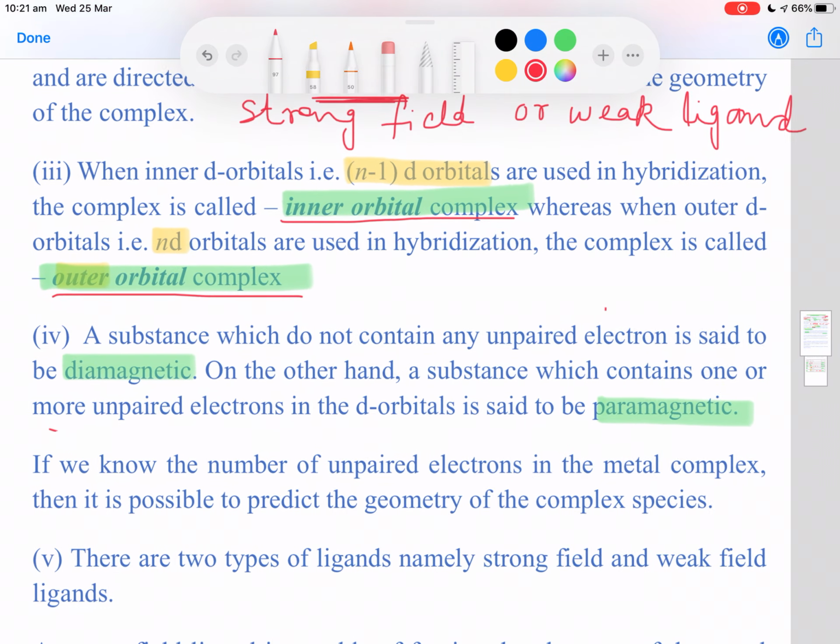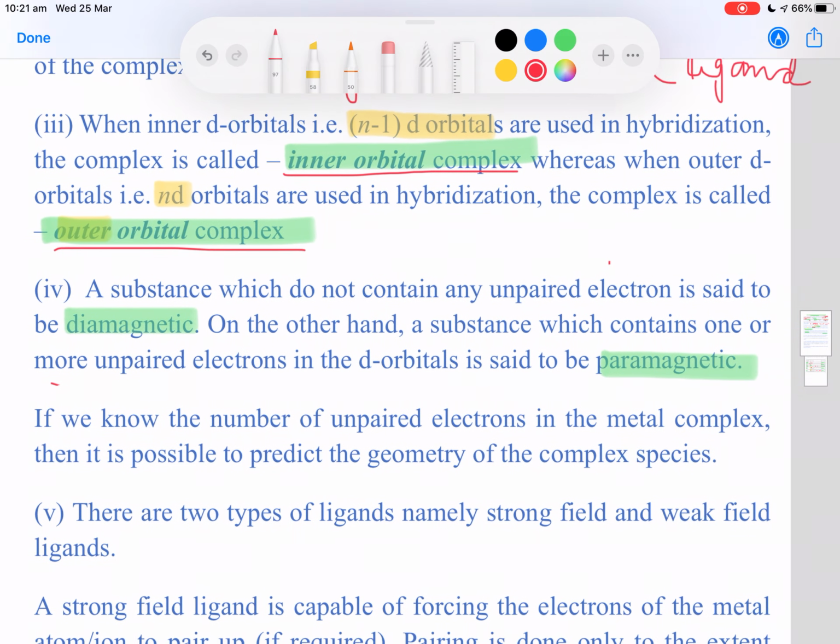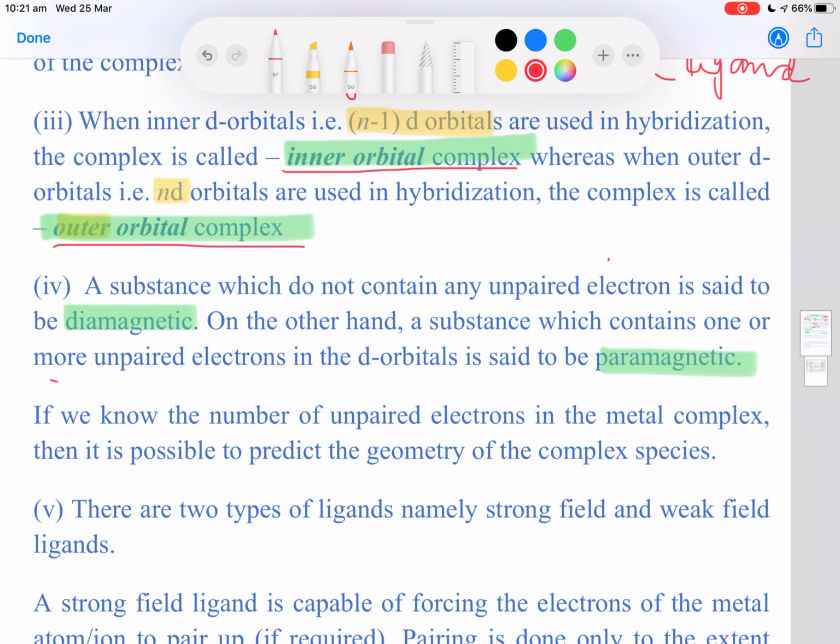Another important thing I told you: VBT also helps us understand the magnetic behavior of the complex. You already know that all diamagnetic complexes contain all paired electrons, that is, no unpaired electrons. Which orbital are we talking about?